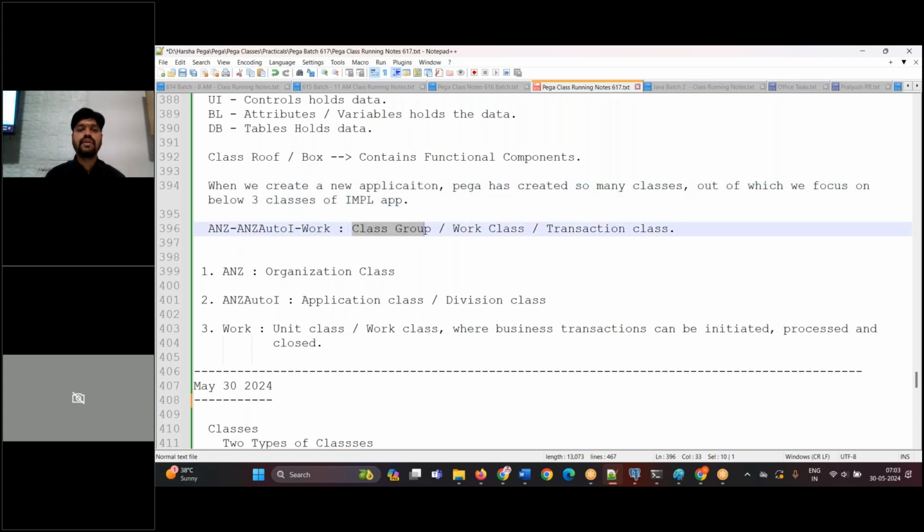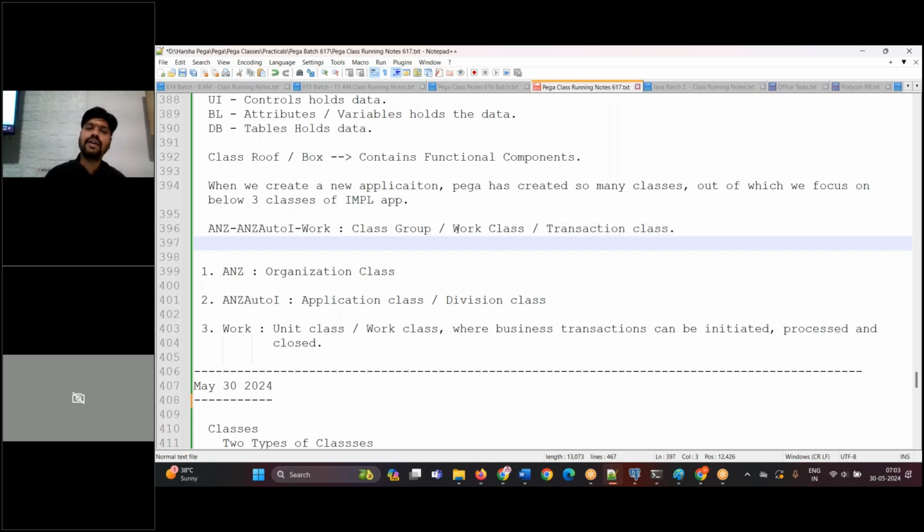These 3 together, you call it a class group. Technically, I'll tell you what a class group is. If you want to understand it better without going too technical, you can say transaction class. You can easily understand that's the class where a transaction will get started and processed.